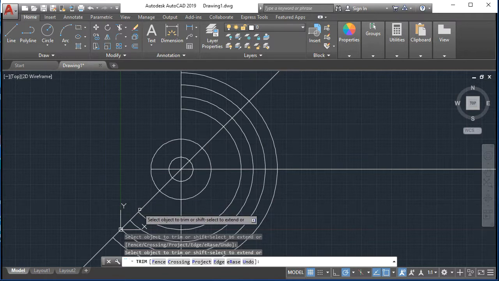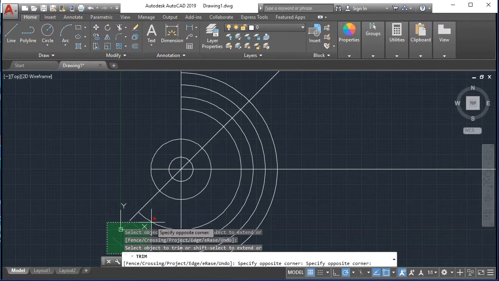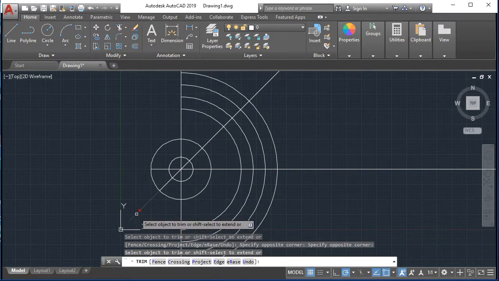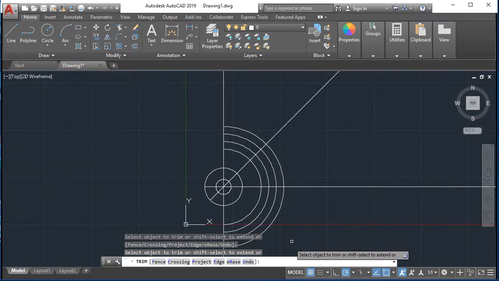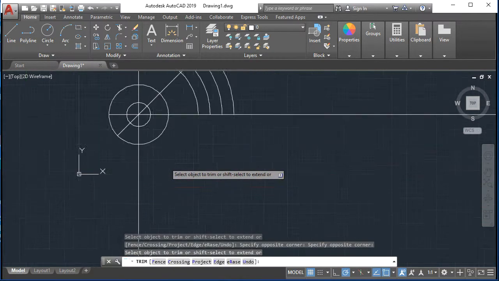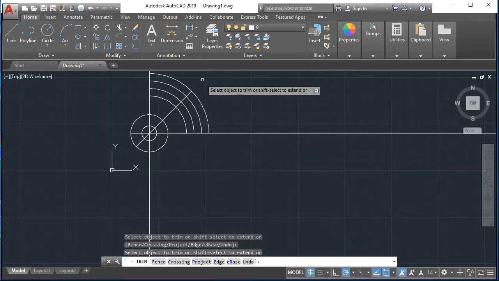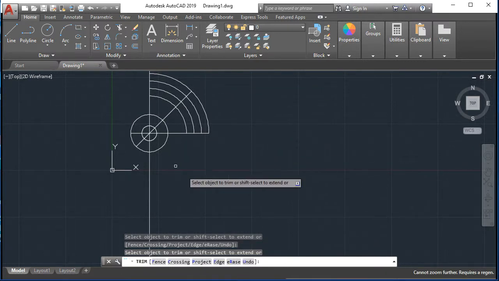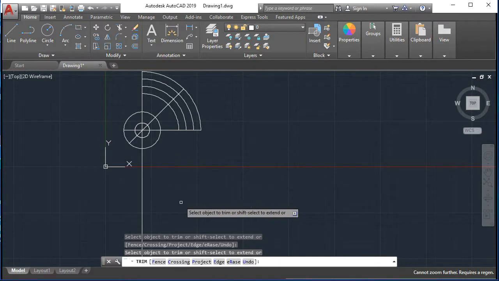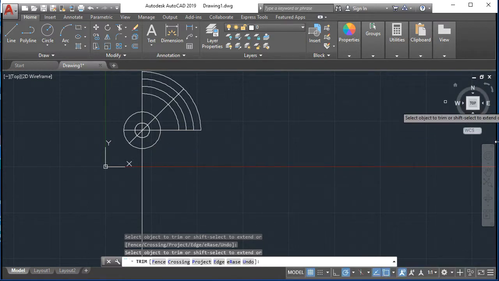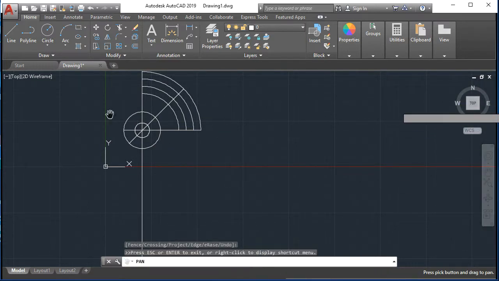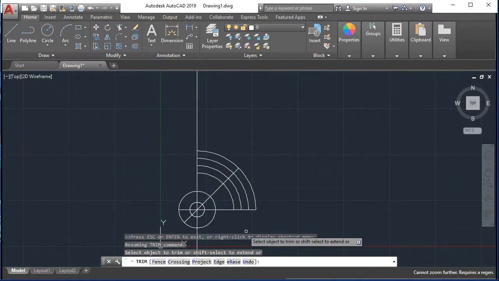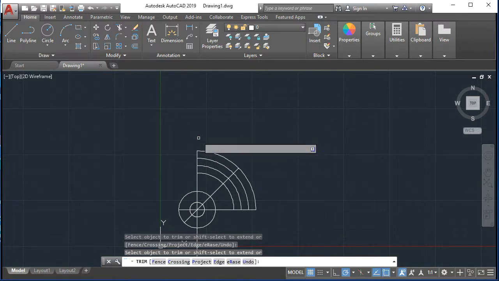Also these, and this one, and this excess portion also, this excess portion. So this is also an excess portion, so I am removing this.